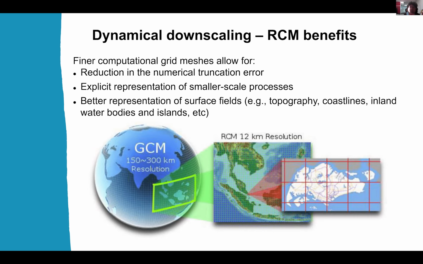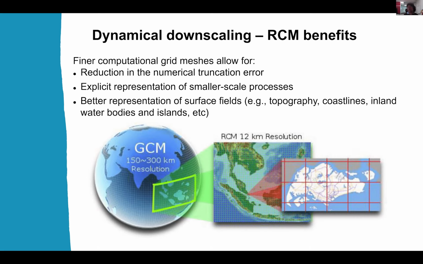Okay, so what benefits do we get from using regional models? Well, we get a few for free just because we're using higher resolution grids. I talked about resolving waves in the atmosphere, but at a more basic level, we're solving finite difference equations on the grid, and they have truncation error associated with them. As your grid size gets smaller, the truncation error gets smaller.